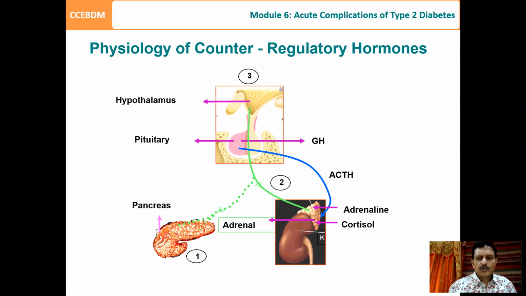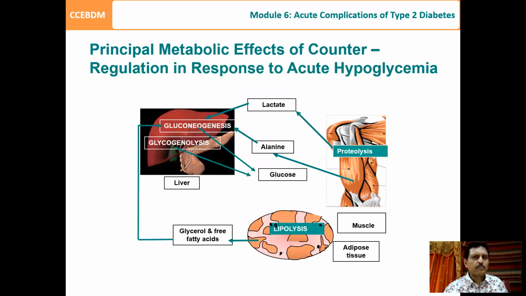So coming to the metabolic aspects of hypoglycemia, there is a decrease in the blood glucose level. When there is a decrease in the blood glucose level, what will the body do? The body will try to produce more glucose. So how can it produce more glucose? There are two mechanisms by which glucose can be produced: one is gluconeogenesis, another is glycogenolysis.